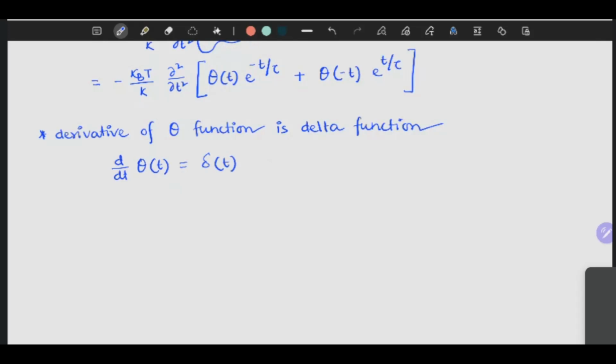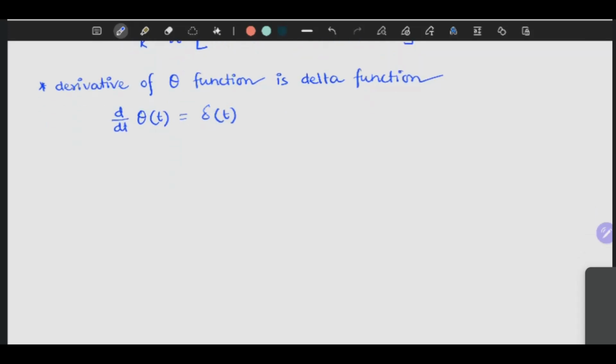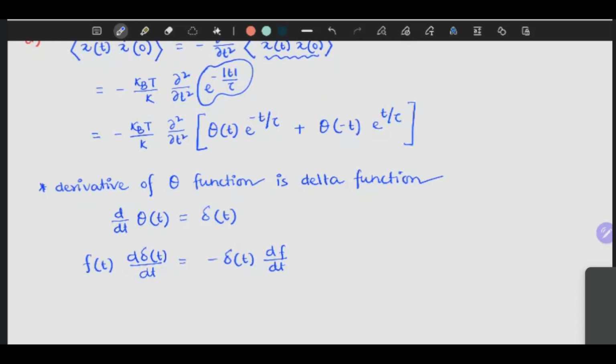And also remember one thing, that the integral of f of t times d of delta t dt becomes minus delta t df t. Now if you use this formula, then there can be two things.